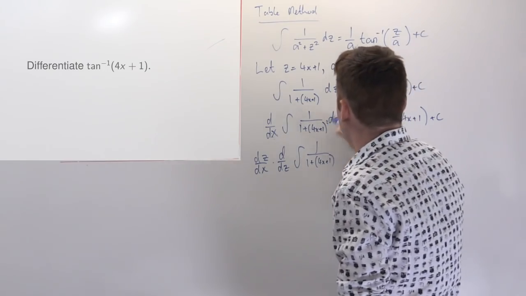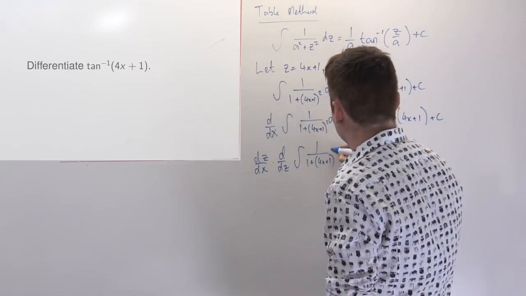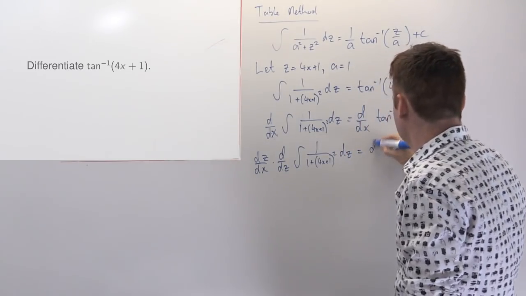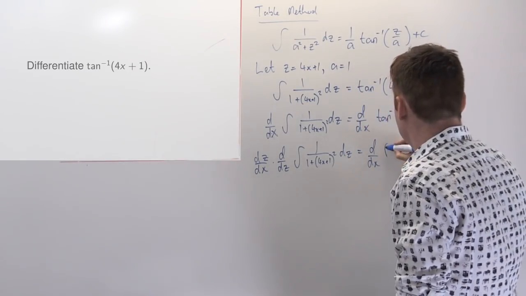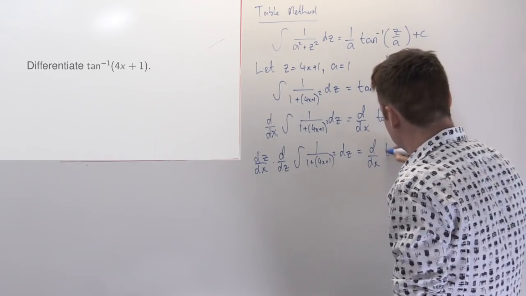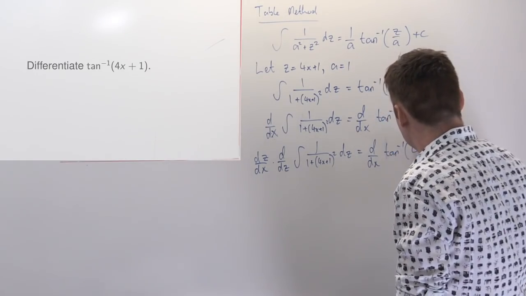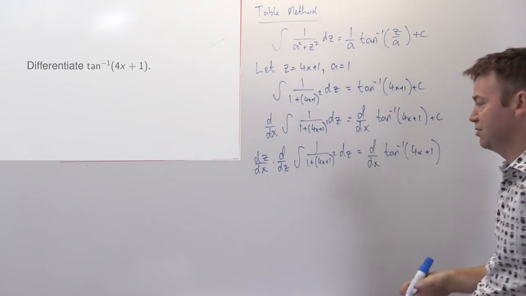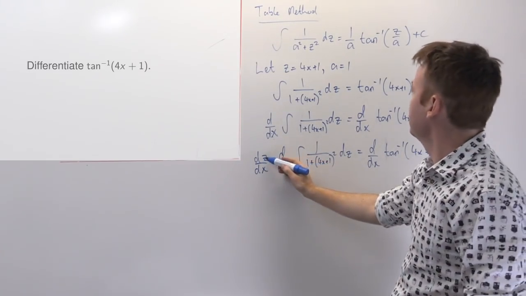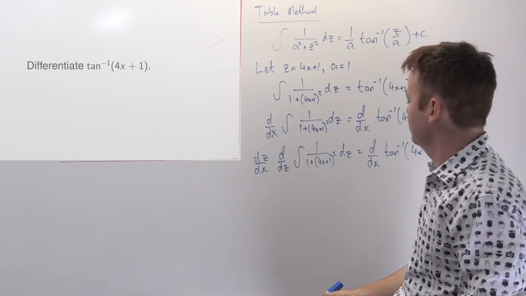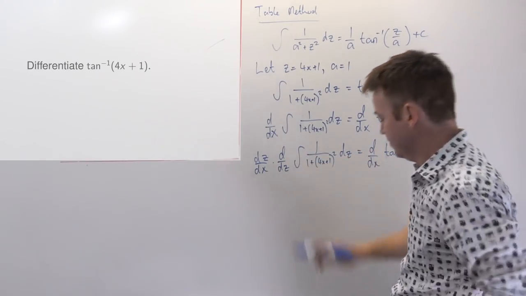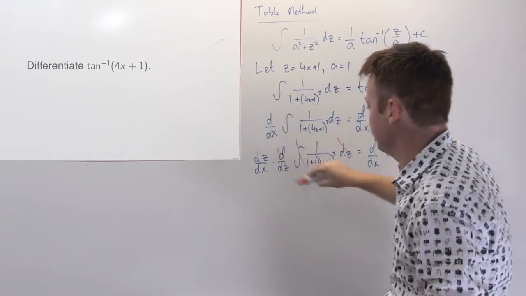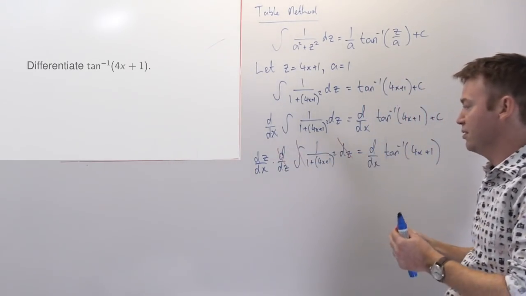Oh, sorry, that's squared. And I can just drop off the c now because that got differentiated away to 0. dz dx, that's just 4, and that stuff cancels away, and you just get that thing.